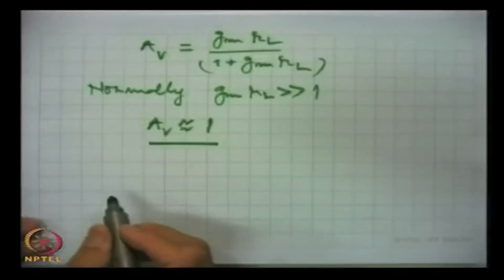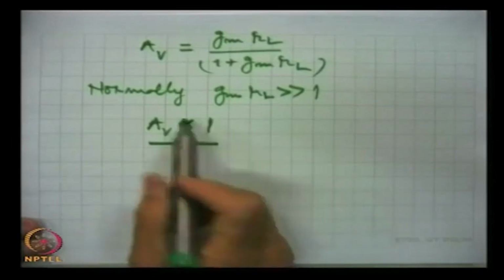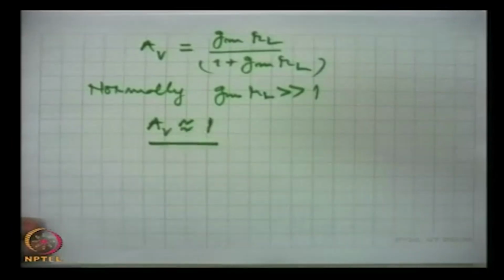Now, here the input impedance we find out, gain we have seen. Similarly, for the emitter follower, the gain was close to 1, and as I said that this is used as a buffer between stages, and hence same is here.